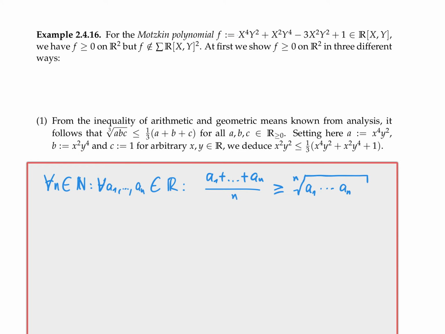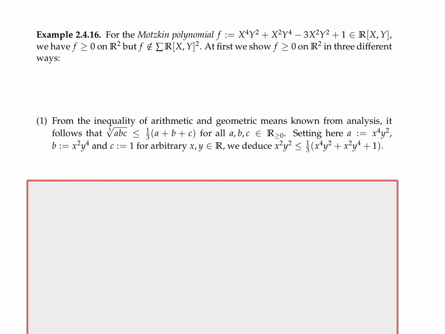And then I deduce x^2 y^2 is less than or equal to 1/3 (x^4 y^2 + x^2 y^4 + 1). Then I multiply by 3. So you see, it's just a special case of the inequality of arithmetic and geometric means.